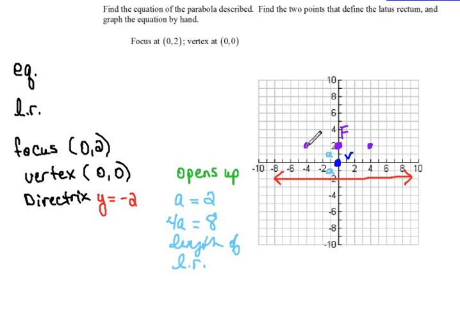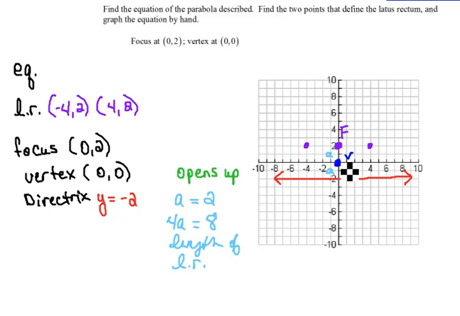So let's start over here with this point, and we can now name that point. That would be (-4, 2). And for the other one, it would be (4, 2). So that would be our latus rectum.